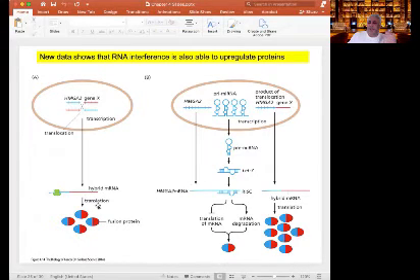So we're looking at a type of RNA interference. So you can see that over here. So the best thing to understand here is that messenger RNA can be intercepted by microRNA.